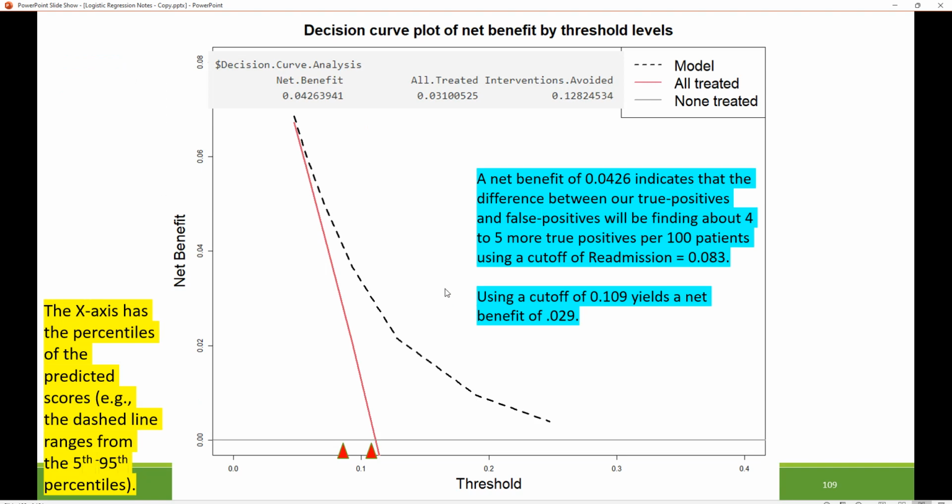So the x-axis in this graph has the percentiles of the predicted scores. And for example, the dashed line ranges from the 5th to 95th percentiles in our predictions or our predicted probabilities. So we would say most of our predictions go from about 0.06 to about 0.26.